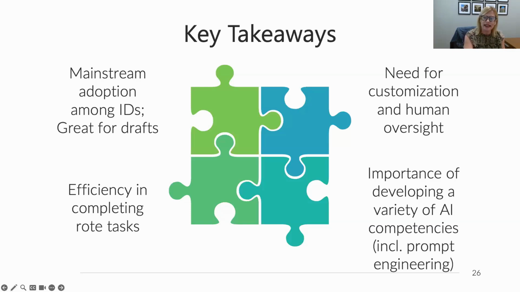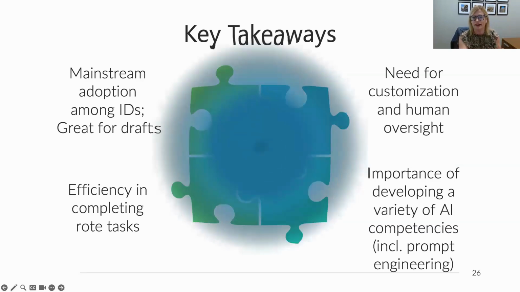There is still a need for that human oversight and customization of Gen AI output. And then it's so important to develop a variety of AI competencies. So that includes prompt engineering, but that would help with text, with generating images, videos, etc.